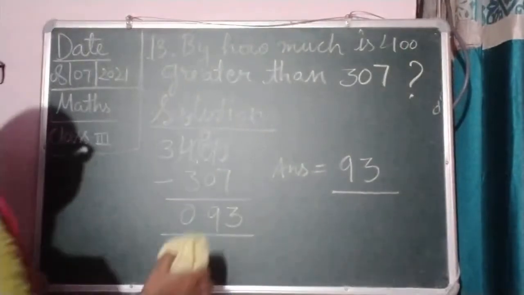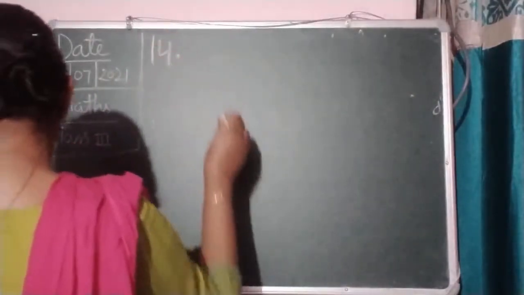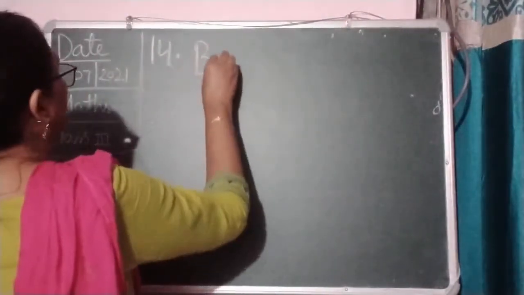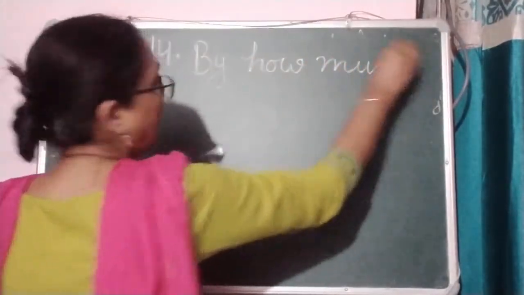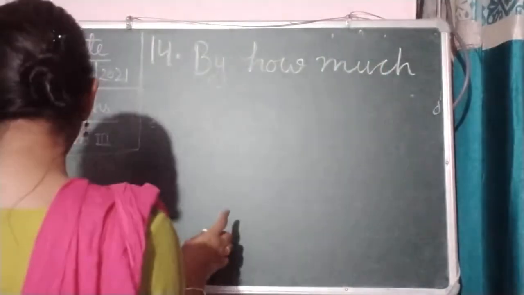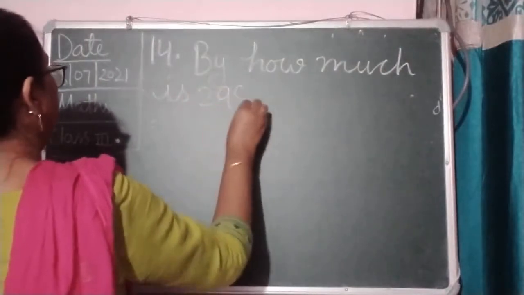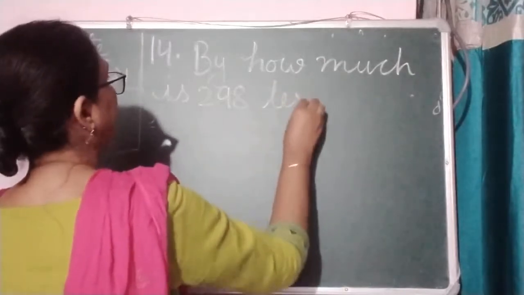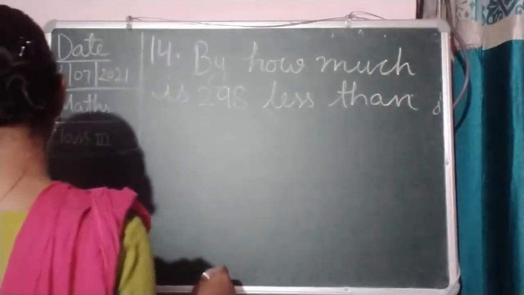So here children, first we will write the question. Question number 14 we will write on the board, and just write it down in your copy. By how much is 298 less than 325?